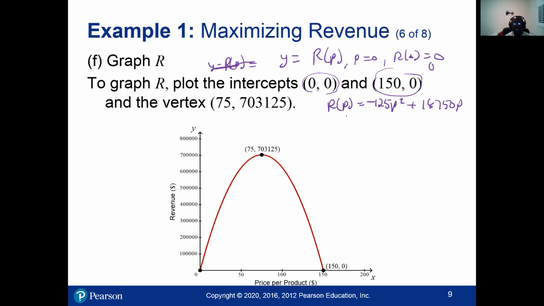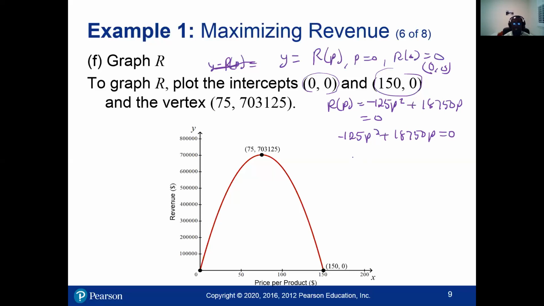That's the point. Now, what are the x-intercepts? Well, if we set this equation to 0, we have minus 125 p squared plus 18,750 p equal to 0. So this quadratic equation, we factor.